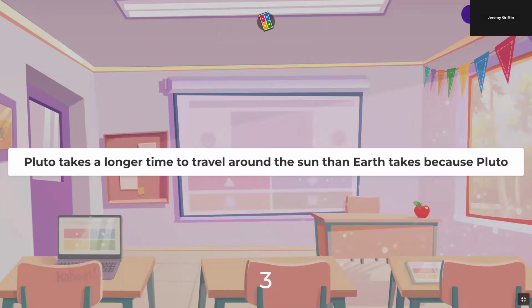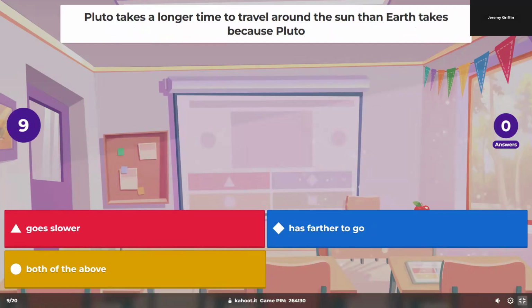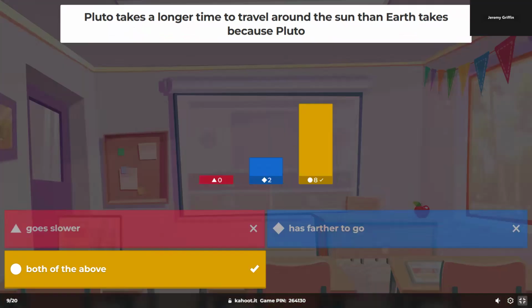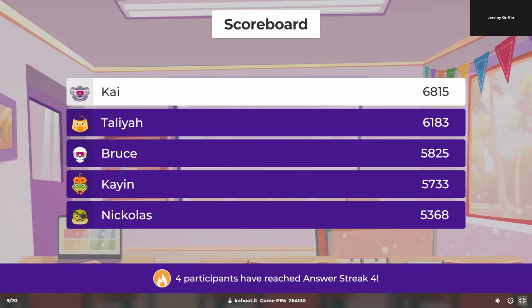Pluto takes a longer time to travel around the sun than Earth because... yeah, both those statements. If you look at the orbital speed equation, so far out it has a slower orbital speed. But if you look at the circumference of its orbit, it also has a further distance. Put those two together, and it's definitely going to take way longer. Both of the above.